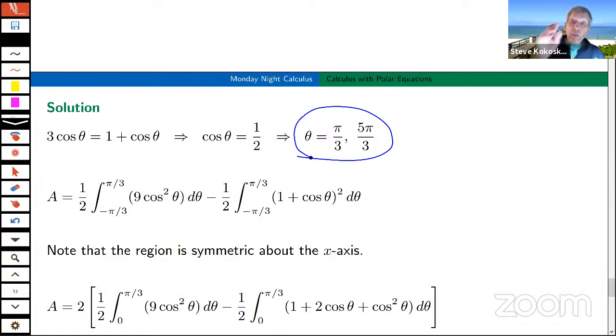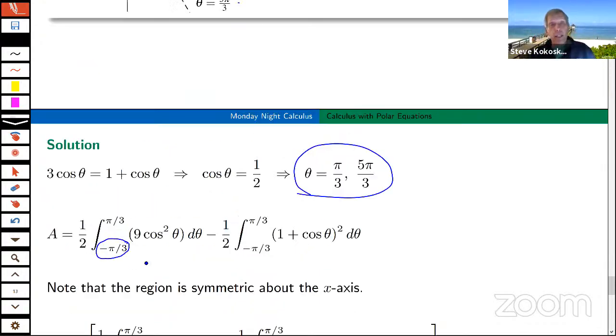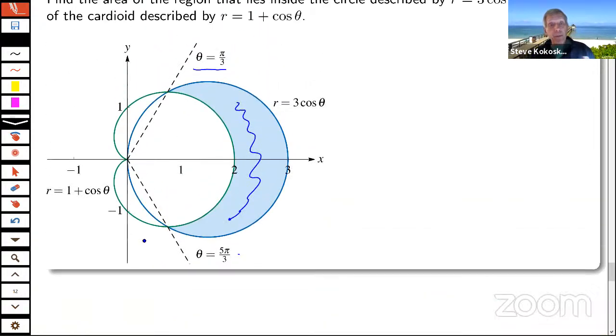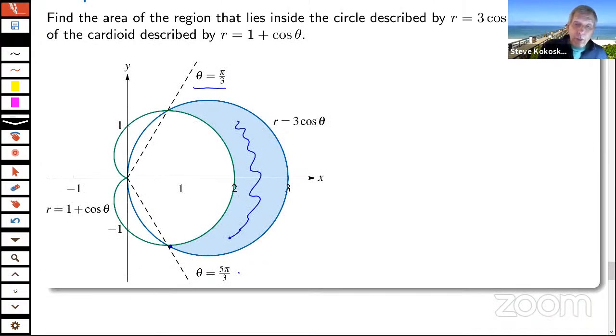And rather than go from 5 pi over 3 to pi over 3, I'm going to go from minus pi over 3 to pi over 3. I'm going to sneak back up here to this picture. So this point right here, I can also reach with theta equal to minus pi over 3.